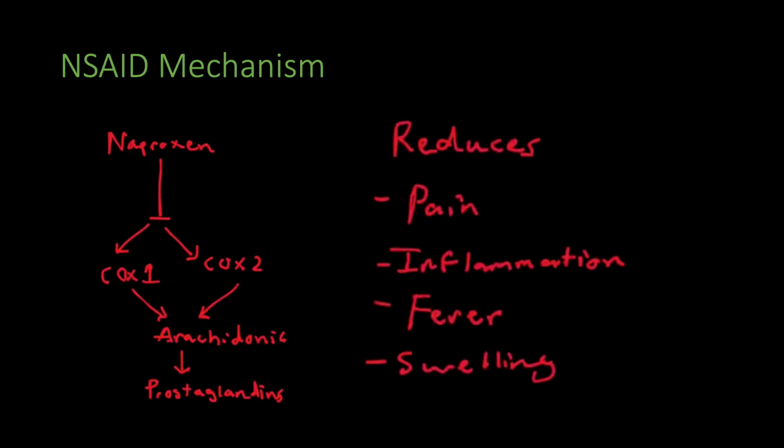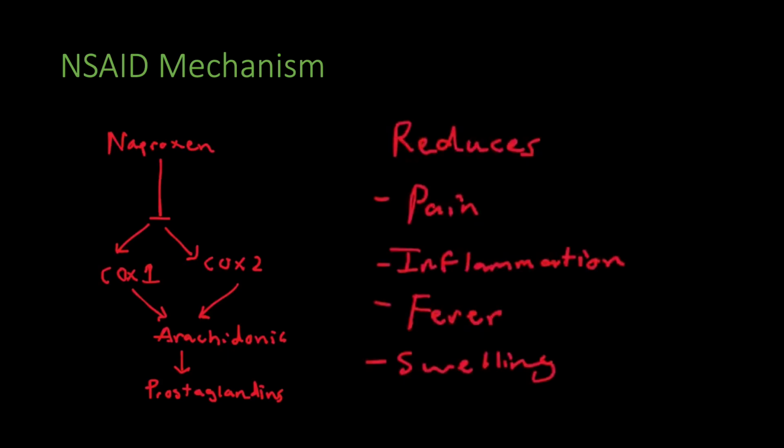And then the NSAIDs. This is from one of the shorts I had previously uploaded in the past. This one is actually very similar. There's a mechanism of reducing pain, so I'm not going to talk too much about this since you may have already seen this. This is one example of a medication of an NSAID, naproxen.